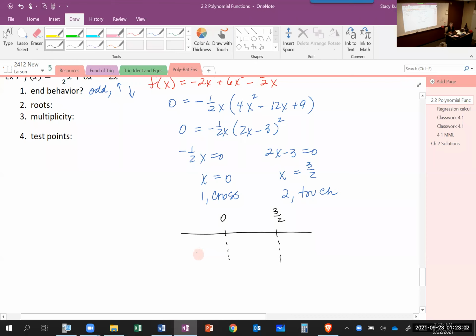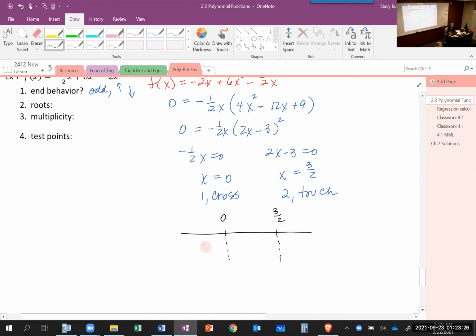What if I pick -2? All I want to know is, is it positive or negative? That's all I'm looking for. So you could pick any number to the left of 0. We could all pick different numbers, but we should come out with the same result.